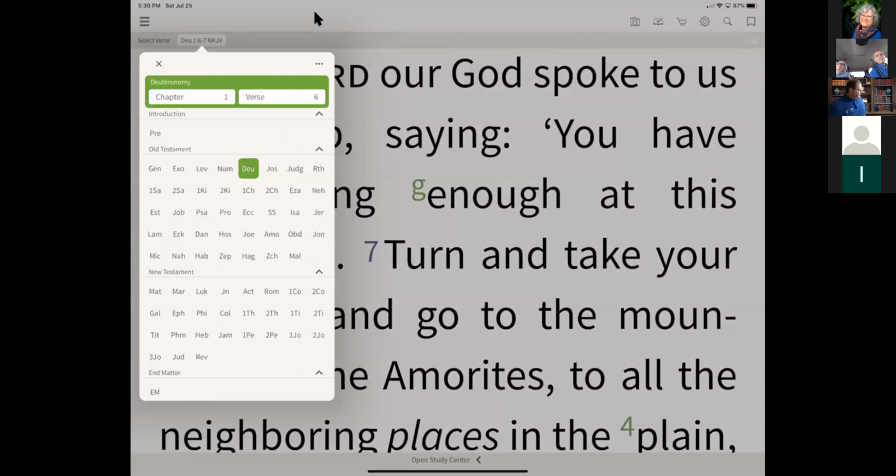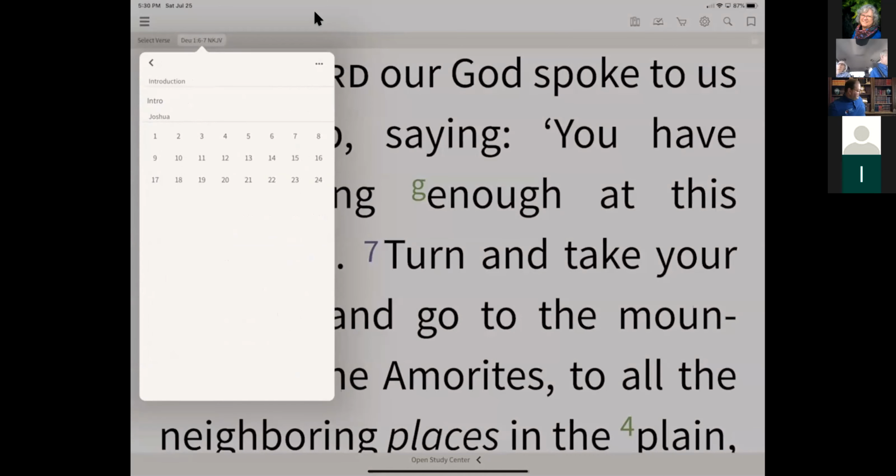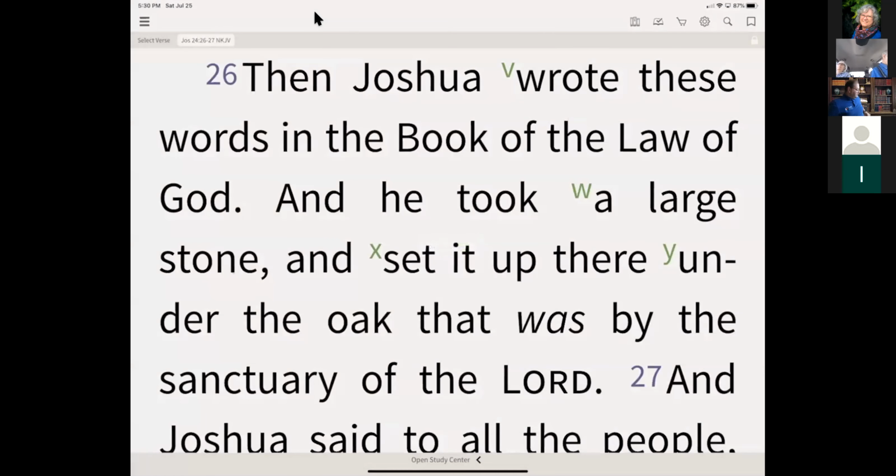When we go to the book of Joshua, chapter 24, verse 26, it says, "Then Joshua wrote these words in the book of the law of God." So Joshua actually did not write a separate book.